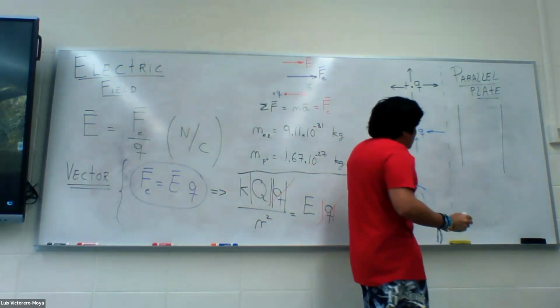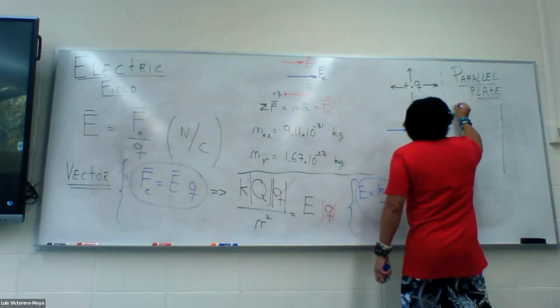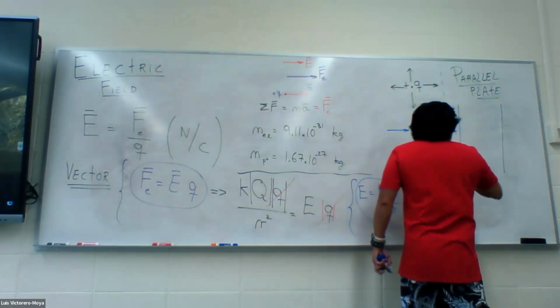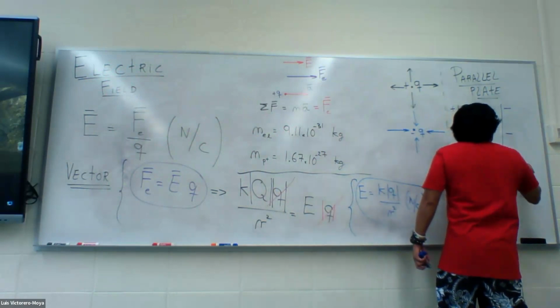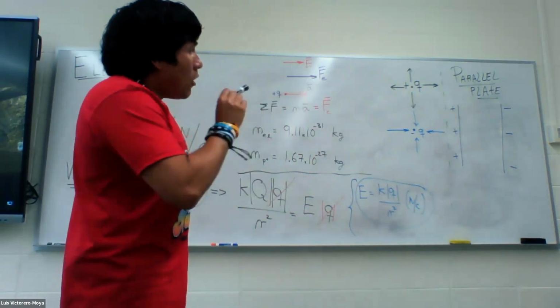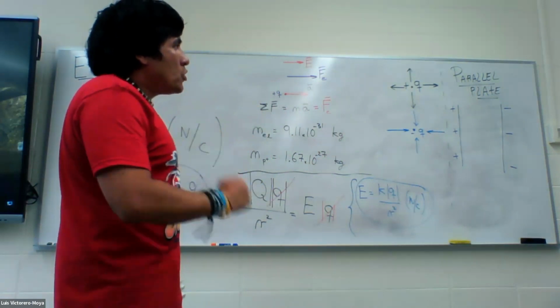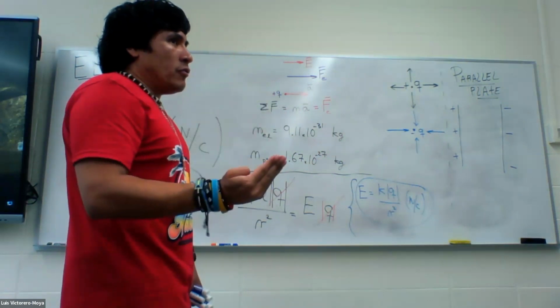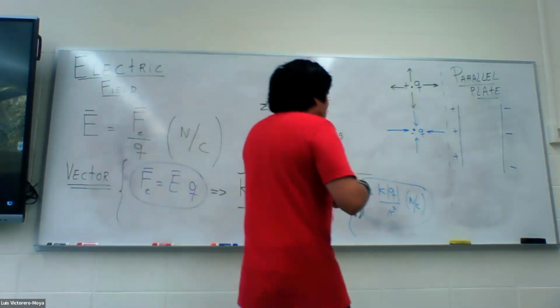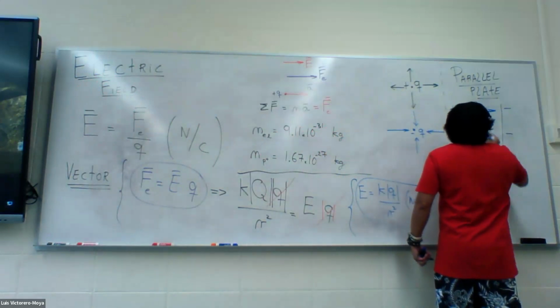One conducting plate is positive and the other one is negative. What we observe when we do the experiments is that the electric field always goes from positive to negative. That's an important property of electric fields. Electric field always goes from positive to negative, like this.